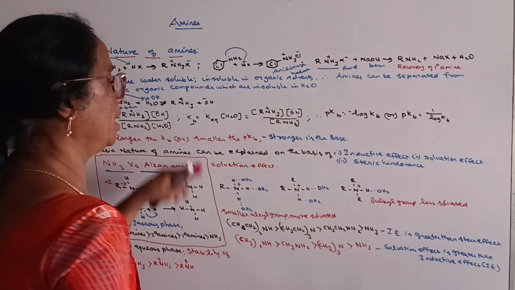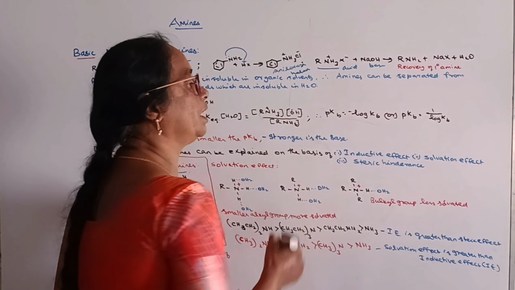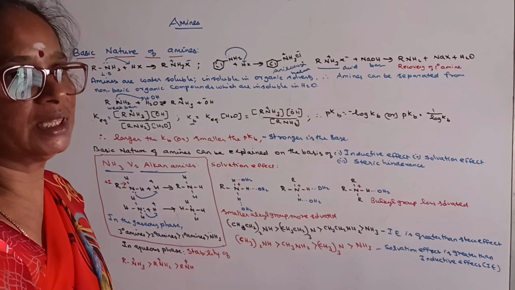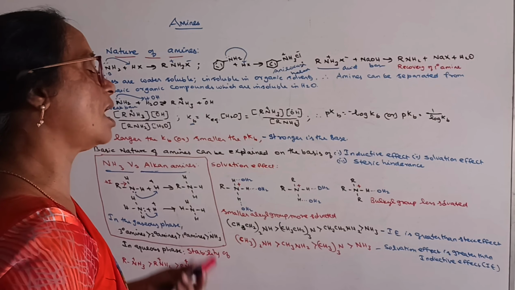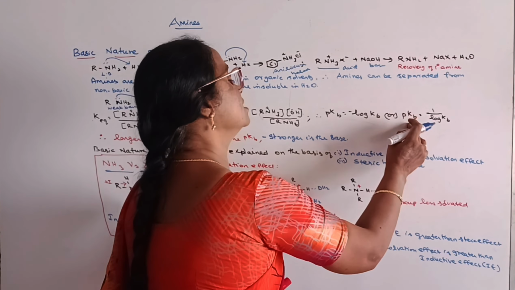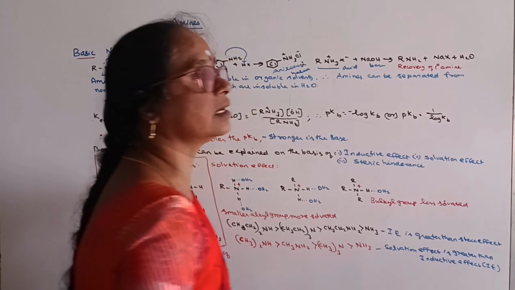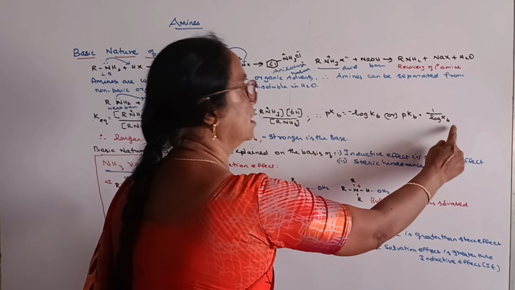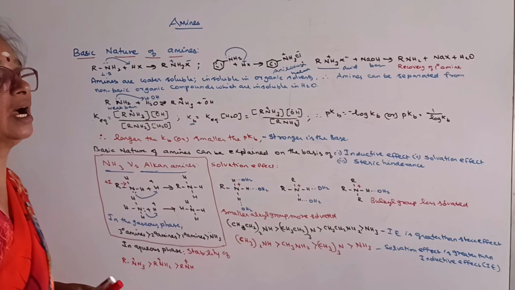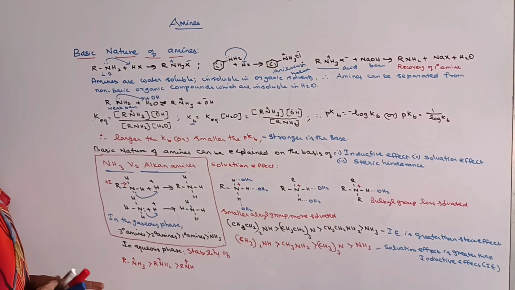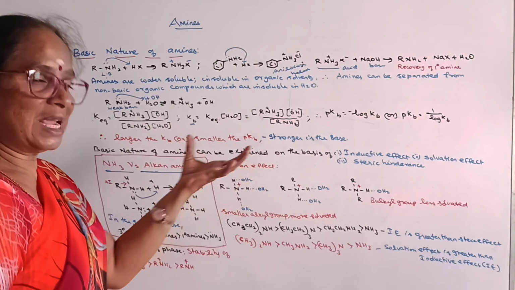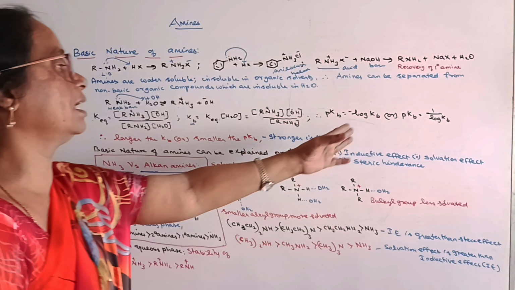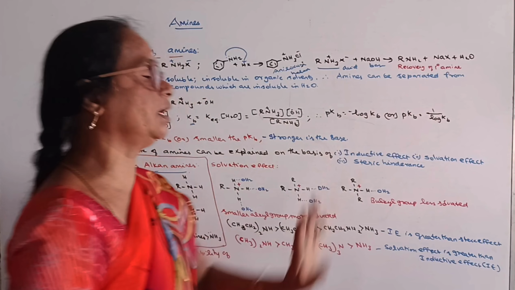For this Kb, we can write its pKb. pKb is the negative logarithm of Kb, that is the dissociation constant, or we can say pKb is equal to log of 1 by Kb. So from this we can identify pKb is inversely proportional to Kb, and hence we can say how the basic nature of amines is calculated from their Kb values or pKb values.